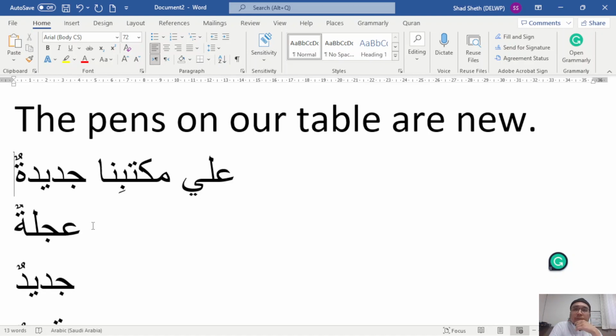Al aqlamu, missing alif. Al aqlamu ala maktabina jadidatun.